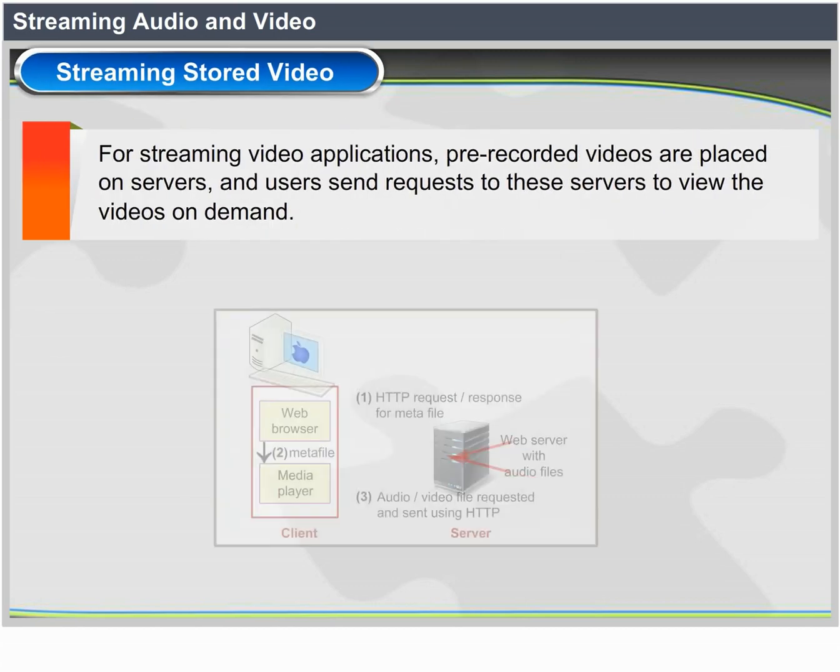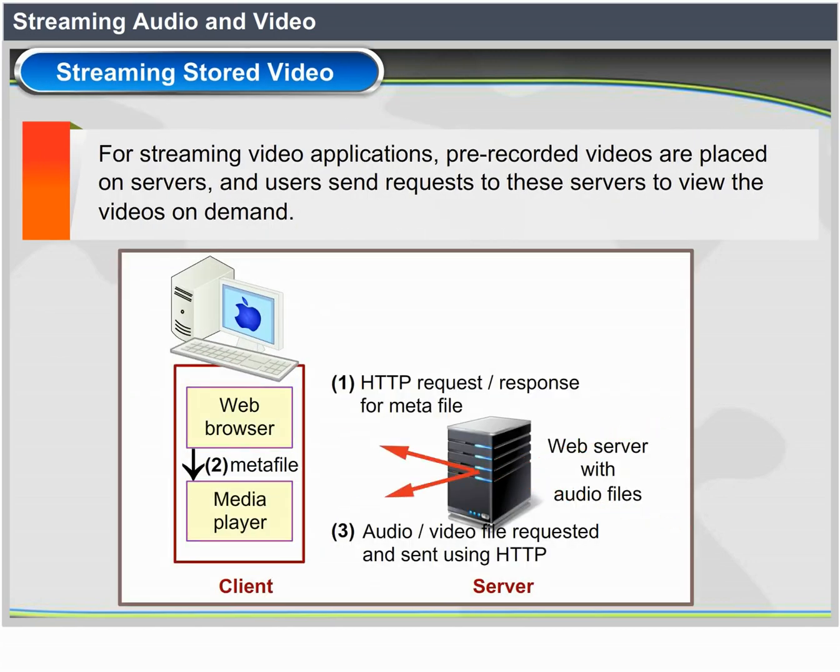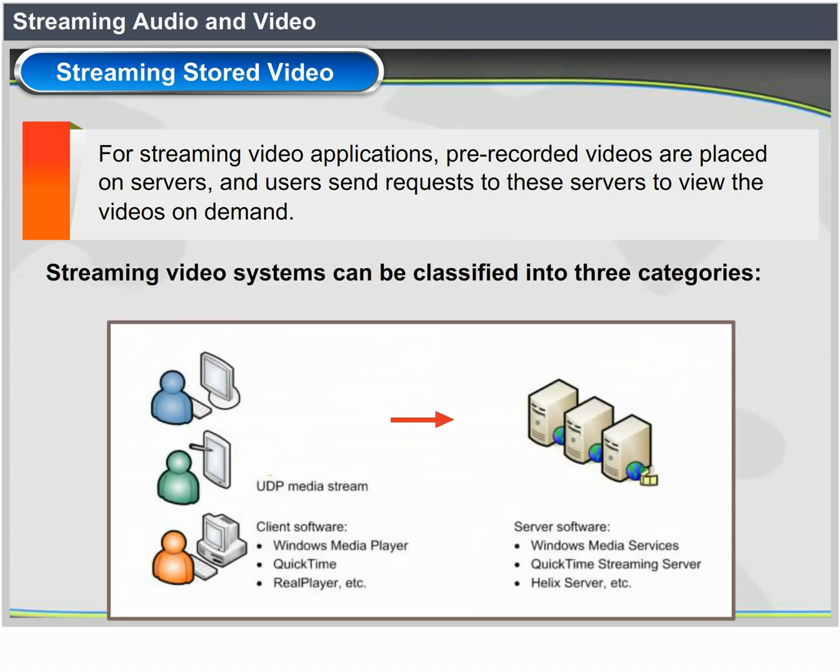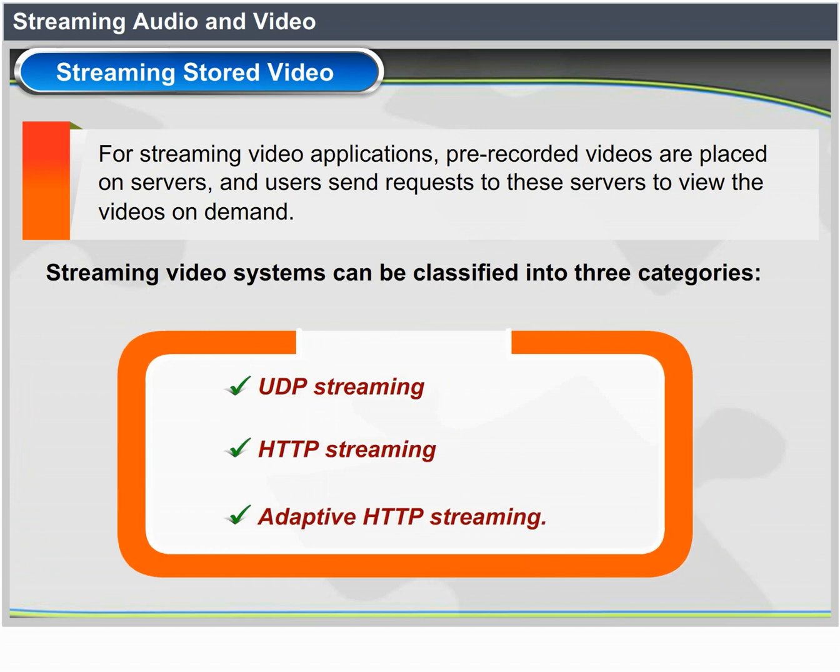Streaming stored video. For streaming stored video applications, pre-recorded videos are placed on servers and users send requests to these servers to view the videos on demand. Streaming video systems can be classified into three categories: UDP streaming, HTTP streaming, and adaptive HTTP streaming.